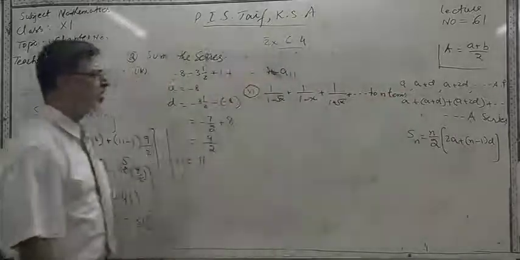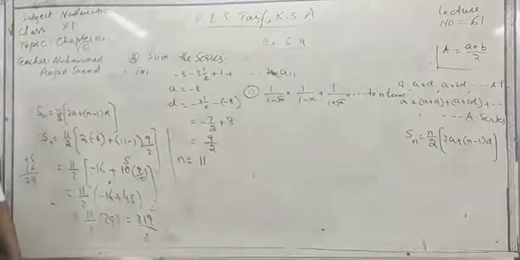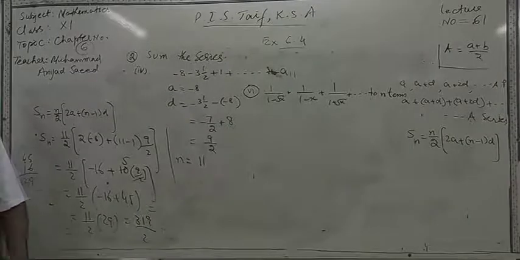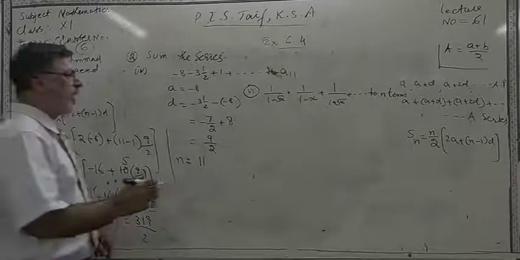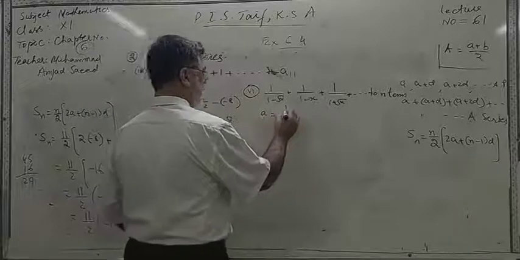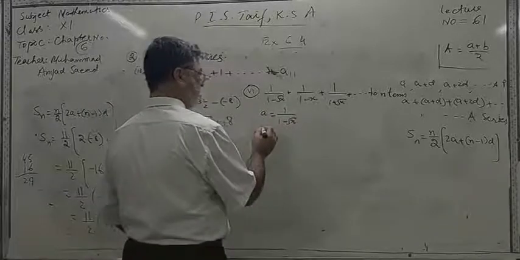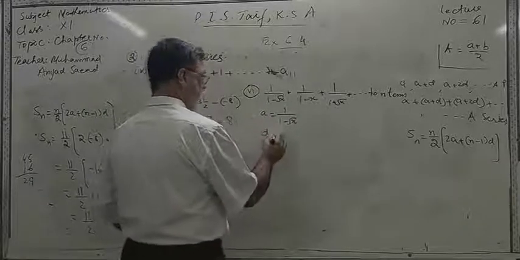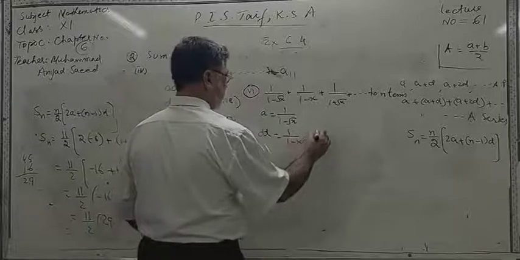Dear students, here we have an arithmetic progression in which a is equal to 1 over root of 1 minus x and d is second minus first.